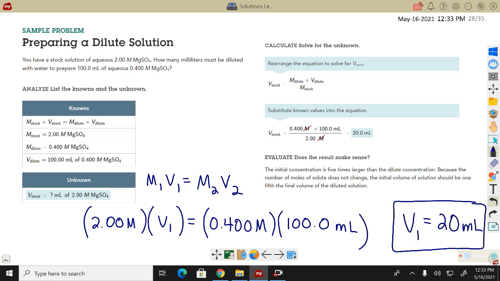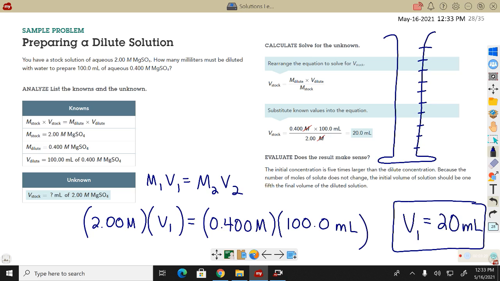So if I wanted to make this solution, let's say this is like maybe a graduated cylinder. Let's see if I can get this right. 1, 2, 3, 4, 5, 6, 7, 8, 9, 10. Okay, so here's how I would make the solution.